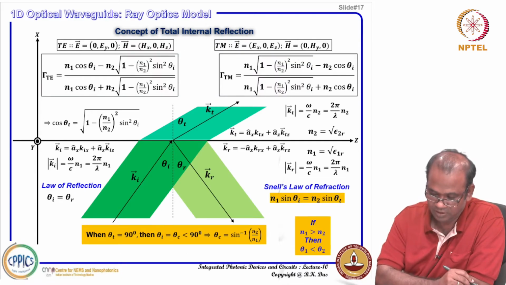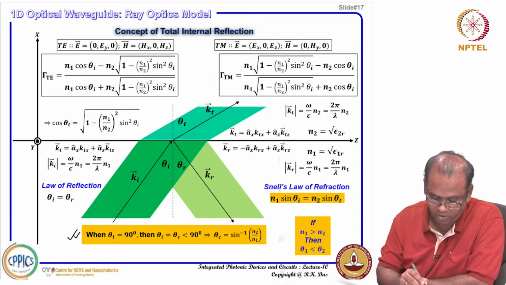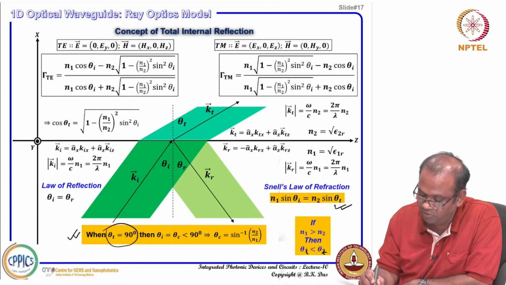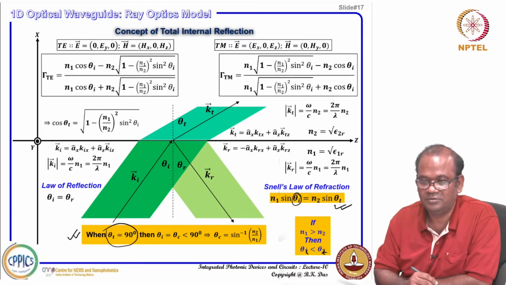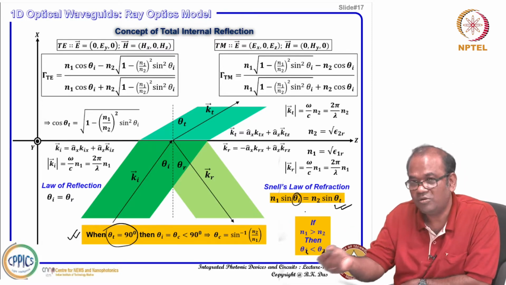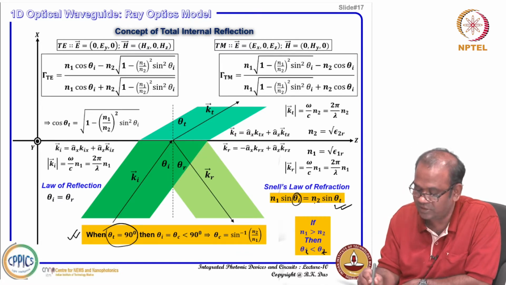What is the special condition we are considering? Suppose you want to get theta t equal to 90 degree, and that follows this equation. So theta I is always less than theta t. So you can find a theta I value where theta t can be 90 degree. When theta I is less than 90 degree, theta t can reach 90 degree, because theta I is always less than theta t, because n1 is greater than n2.